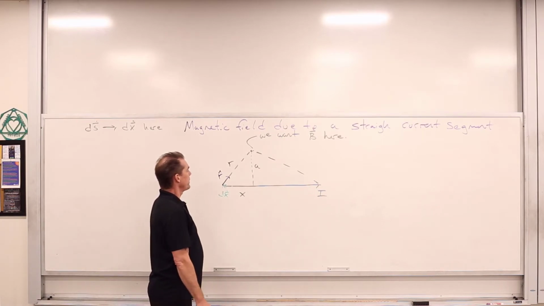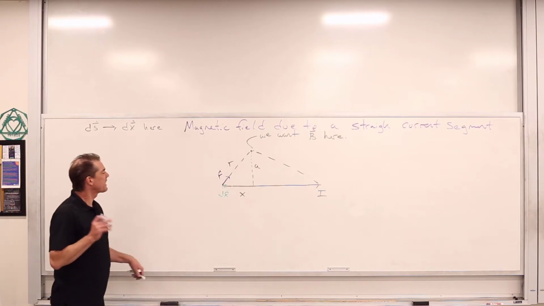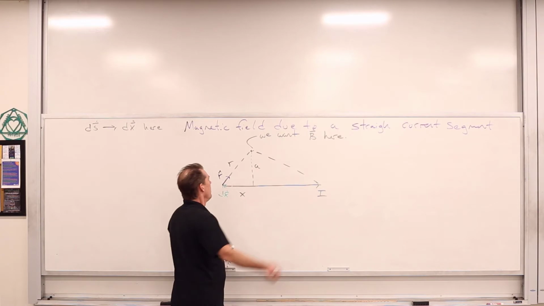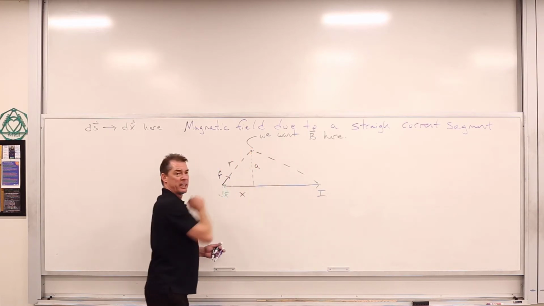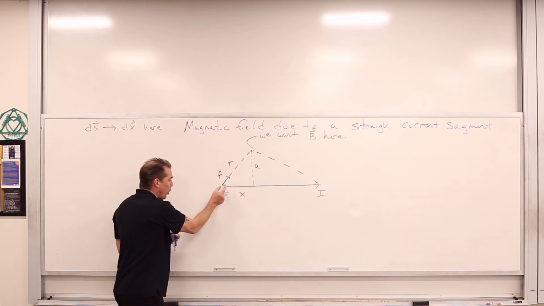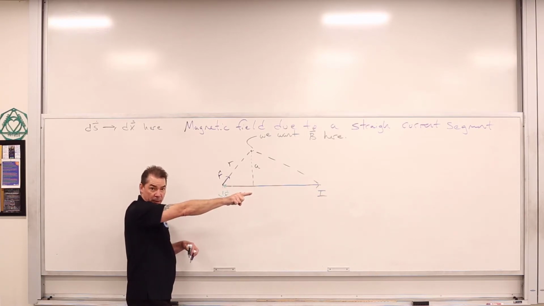So what do we want to do with this? We want to figure some stuff out. So first off, let us think about what the direction of the magnetic field will be at this particular location in space. So we're going to have that all our current elements, or all our line elements, are always pointing in that direction.